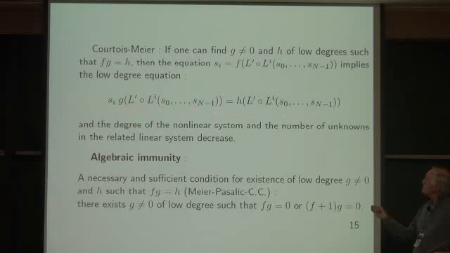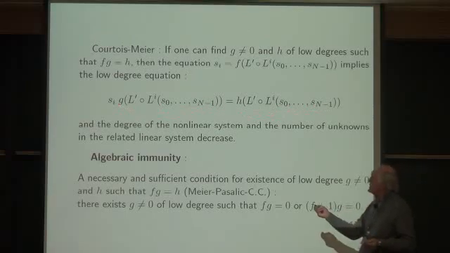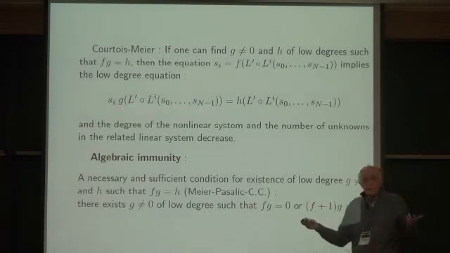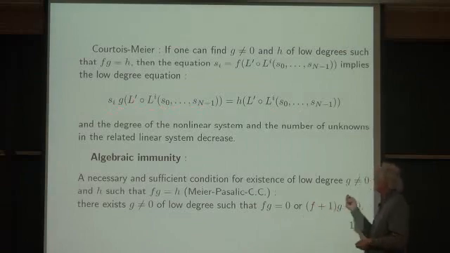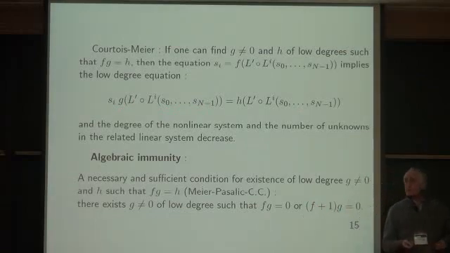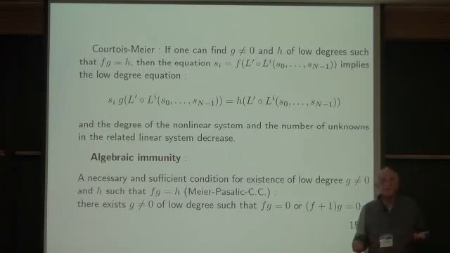And so the equations you get here: you suppose you know g, you know L prime, you know L, but you don't know this. You multiply by unknowns, but you get an equation which can have lower degree.